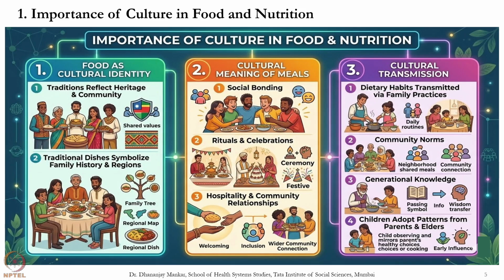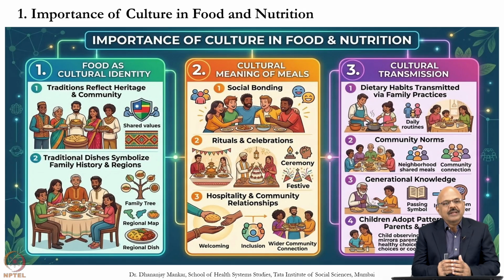Now we can see from this figure the importance of culture in food and nutrition. Food as a cultural identity, where traditions reflect heritage and community, and shared values are emphasized in some religions, where sharing comes with the distribution of food, even food for the poor and vulnerable people.